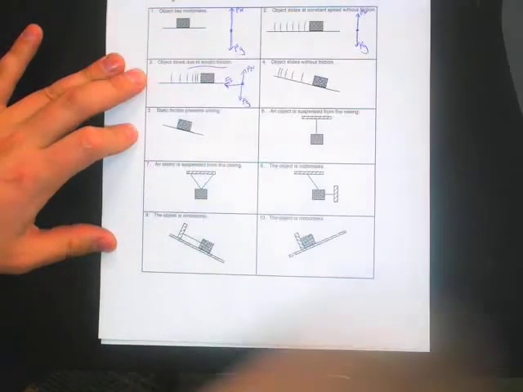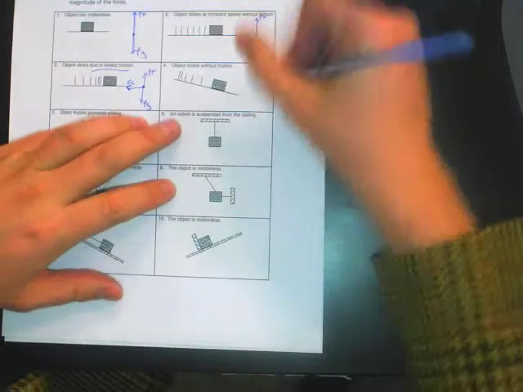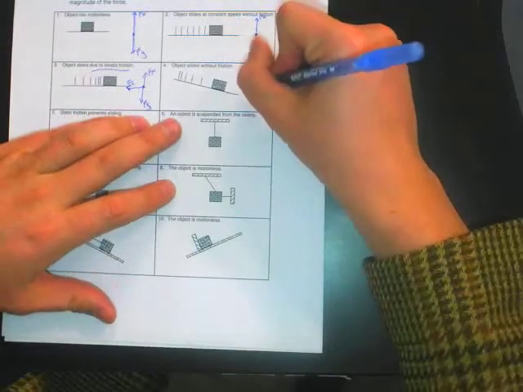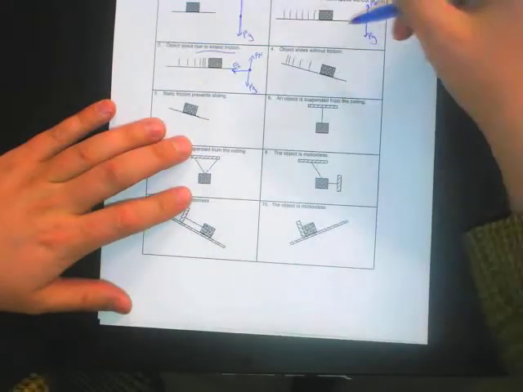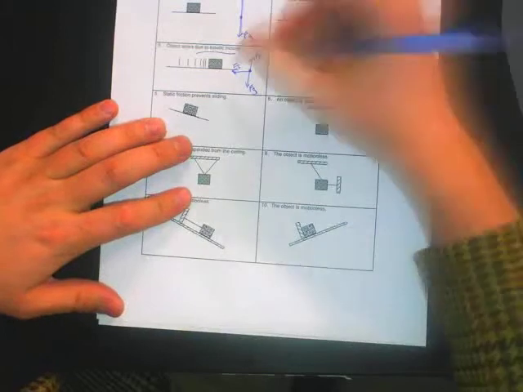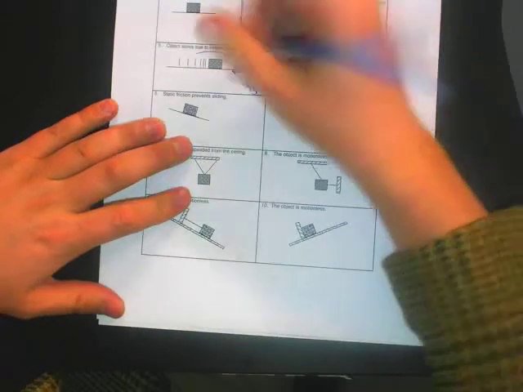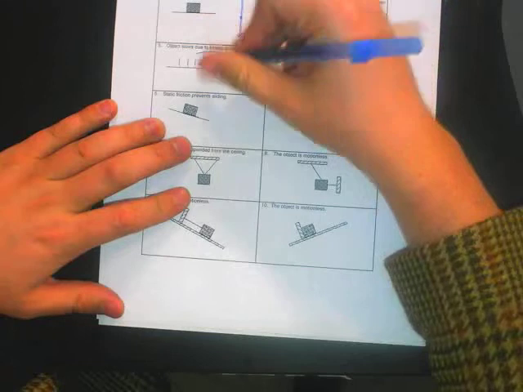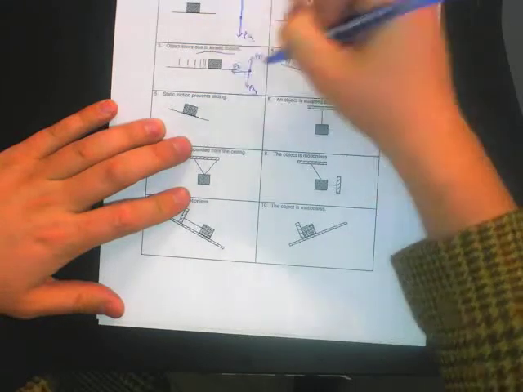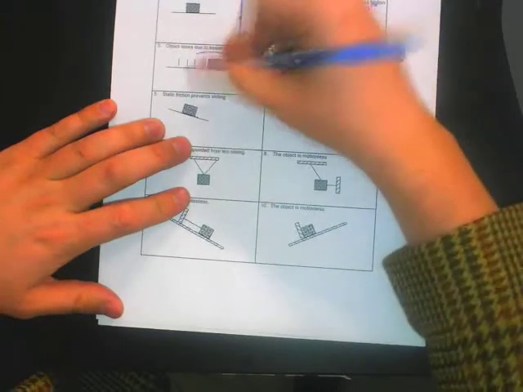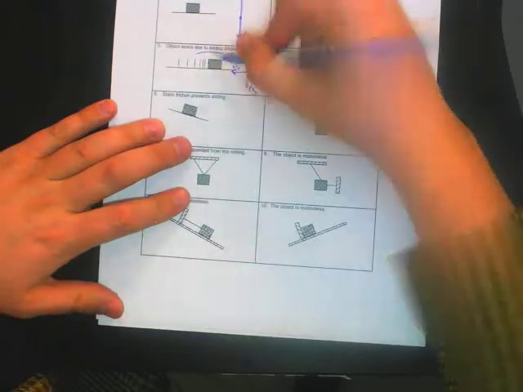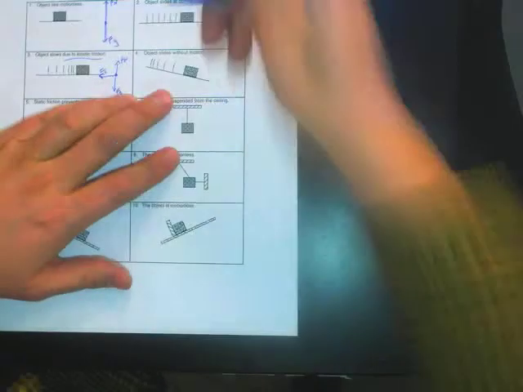Okay, number 4. One thing to notice about this one, notice those arrows are unbalanced. There's more on the left than there is on the right, which shows that we're going to have a net force moving to the left, which shows we're going to have some acceleration toward the left, which is why it's slowing down.